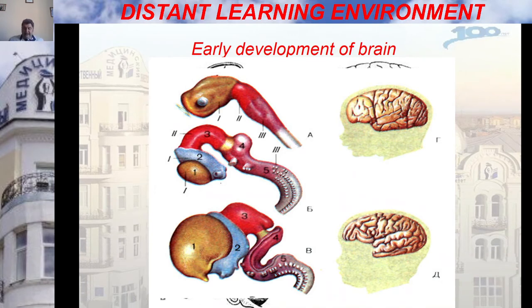The last named curvature divides the posterior brain vesicle, the rhombencephalon, and you may see the rhombencephalon here, into two portions.